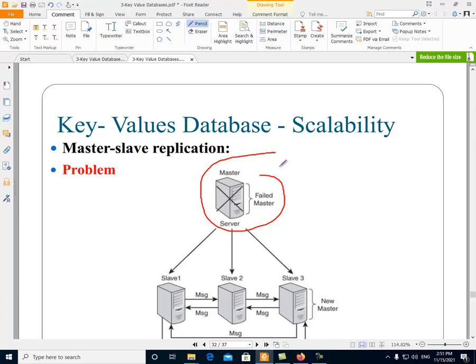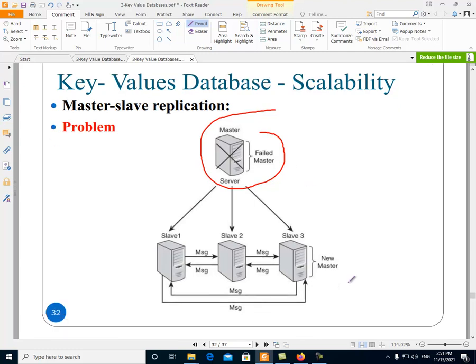In the master slave replication, when the master server fails, what happens? The other servers that are working recognize that the master has failed, because they send a message and the master doesn't send a response, so they know that the master has failed.